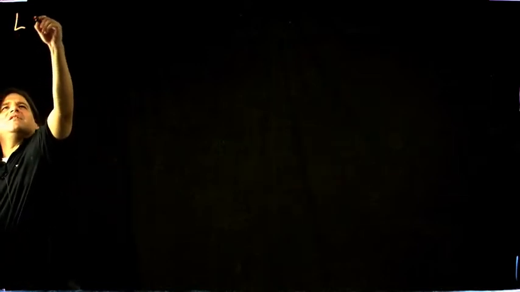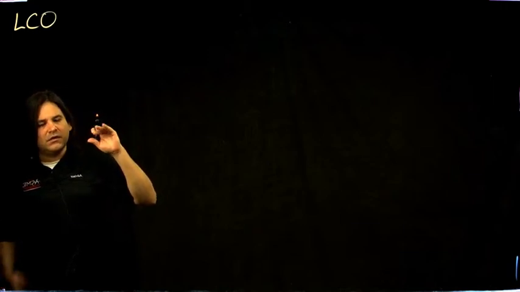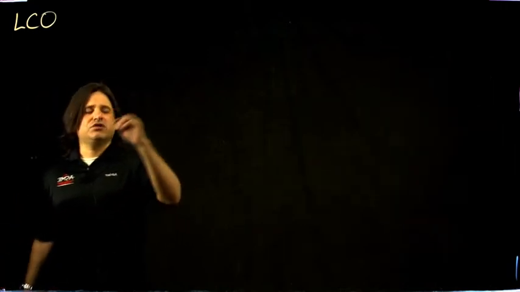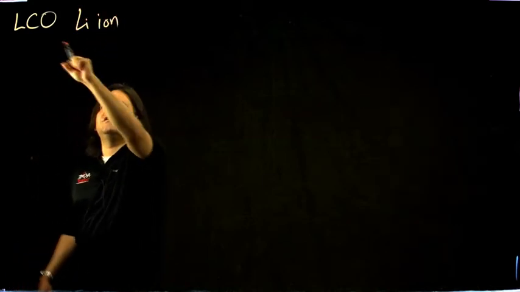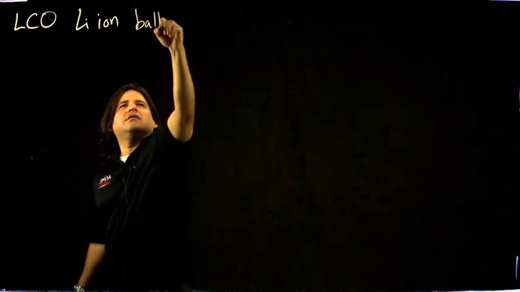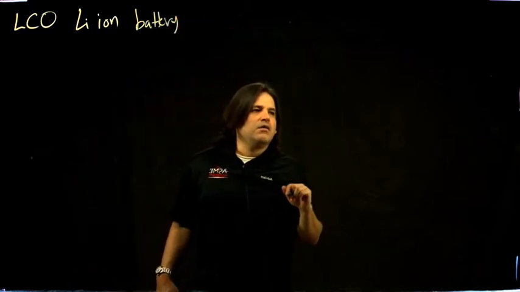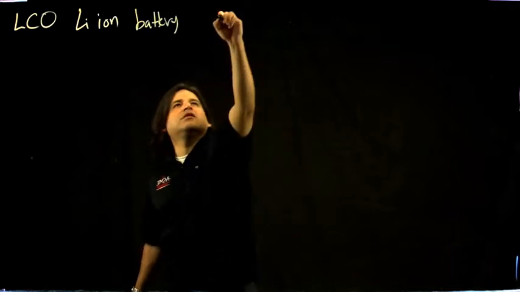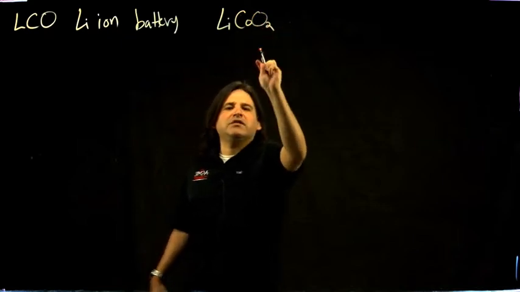So let's talk about an example battery, lithium cobalt oxide. This was the first cathode design that was commercialized and successfully scaled up. One way to label this, or one format of specifying what this battery is, is to have the cathode chemistry first. So that's what the cathode is.